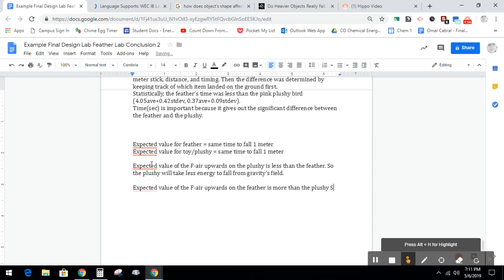So the feather will need more energy to fall from gravity's field. So if it takes more energy, it'll take more time. Okay, so I have my expected values.